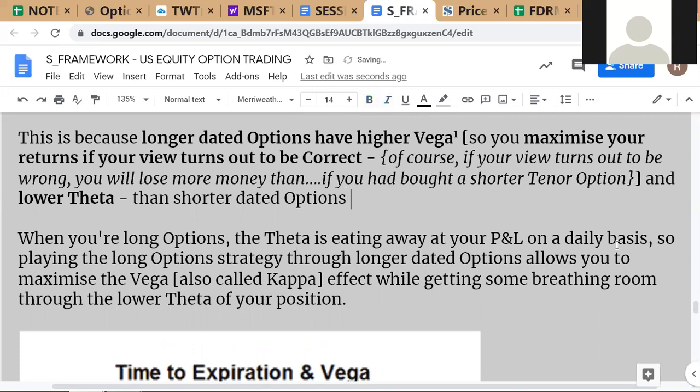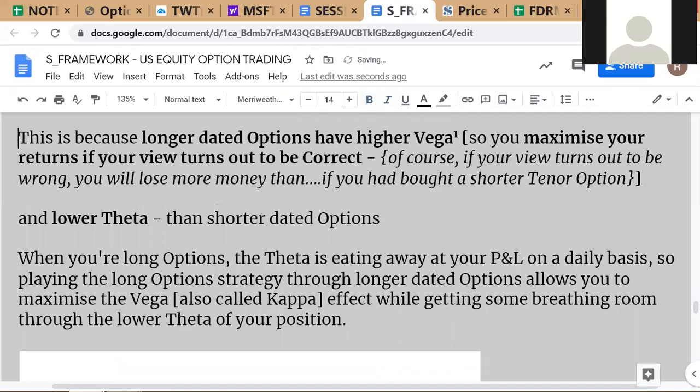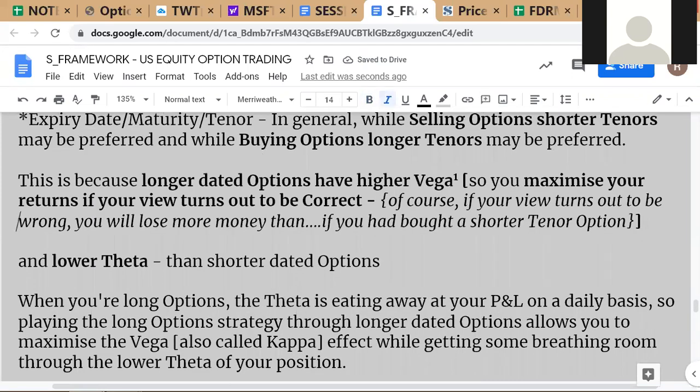All right. So this is because longer dated options have higher Vega, so you maximize your returns. Okay, let's break this statement down properly so that it's easier for you to understand when you read it. You maximize your returns if your view turns out to be correct, and if your view turns out to be wrong, you'll lose more money than if you had bought a shorter tenor option.